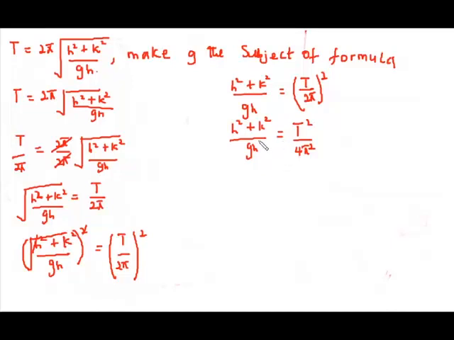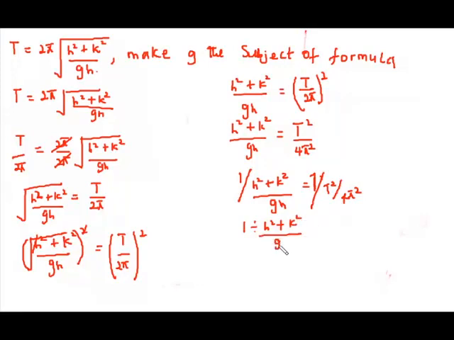So in this case, I have just single denominators here, so I could take the reciprocal of both sides to make g come on top here and to make 4 pi squared come on top here. So the reciprocal becomes 1 divided by h squared plus k squared over gh, which is equal to 1 divided by T squared over 4 pi squared.